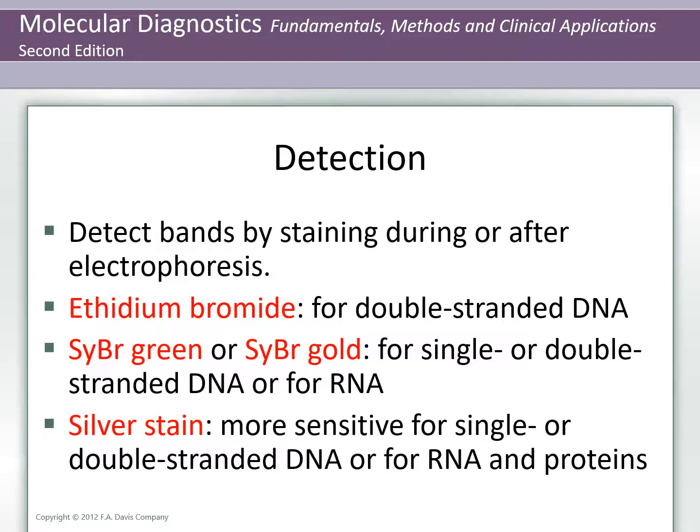The agents used most frequently are fluorescent dyes. Ethidium bromide is used commonly for double-stranded DNA. SYBR Green or SYBR Gold are used for single or double-stranded DNA or for RNA. And silver stain is a more sensitive stain used for single or double-stranded DNA, for RNA, and for proteins.